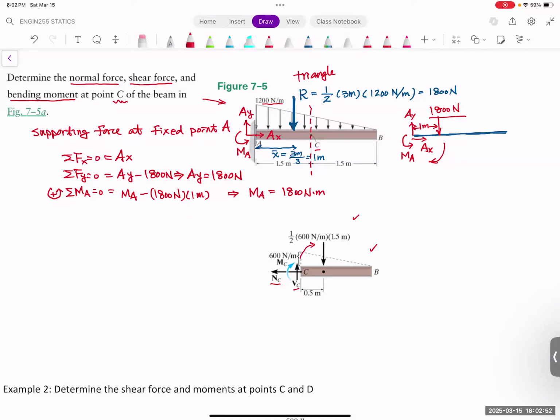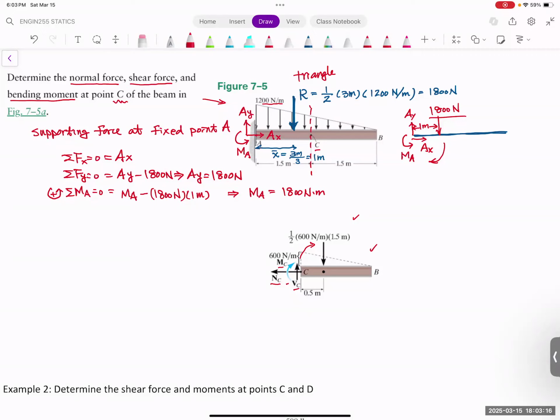And the bending moment, M sub C, is the moment that will make things rotate outwards. So this is the direction. Now, how do we determine these three things? That is the question asked in this problem.